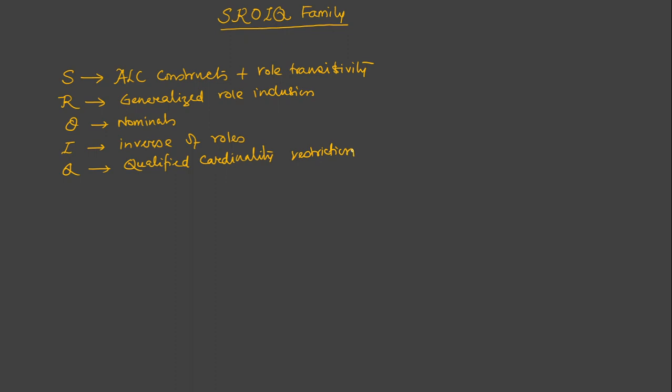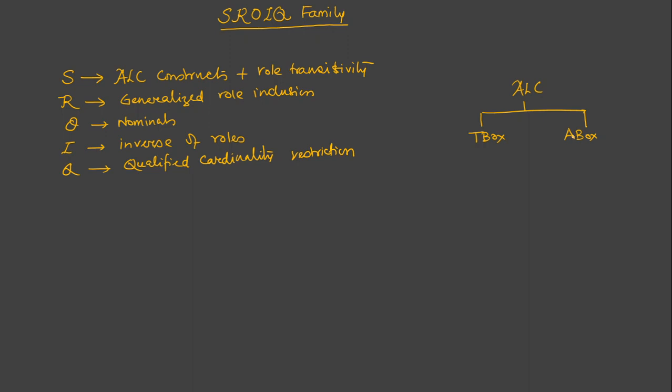Now, looking at the types of statements that this SROIQ family has. Earlier, in ALC, we have seen that there are two types of boxes. One is the T box, which contains the terminological knowledge, and the A box, which contains the assertional knowledge.